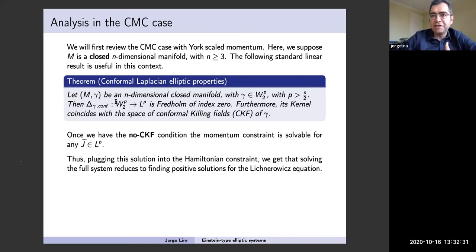That's the nice news here, that you can understand quite precisely the kernel of the second equation, which is more linear in nature than the first one. The first one is the really complicated equation, but the second one you can understand at least the kernel, and then you can search for conditions in the original metric in order to rule out the conformal Killing vector fields, and then to be free of kernel, and then being able to solve the second equations.